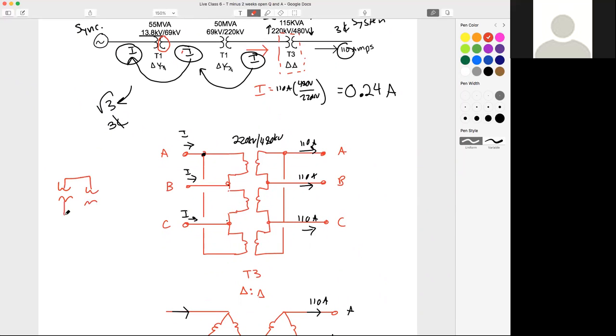So if you have 2 in parallel like this, your percent impedance of each one and the kVA rating of each one, or the MVA rating of each one, those 2 factors will decide the ratio that each contributes to the load current. So that's where you'll need to work with that.